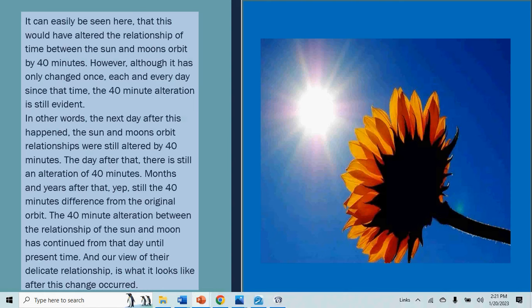Months and years after that, yes, still the 40-minute difference from the original orbit. It still is. And the 40-minute alteration between the relationship of the sun and moon has continued from that day until present time. And our view of their delicate relationship is what it looks like after this change occurred.